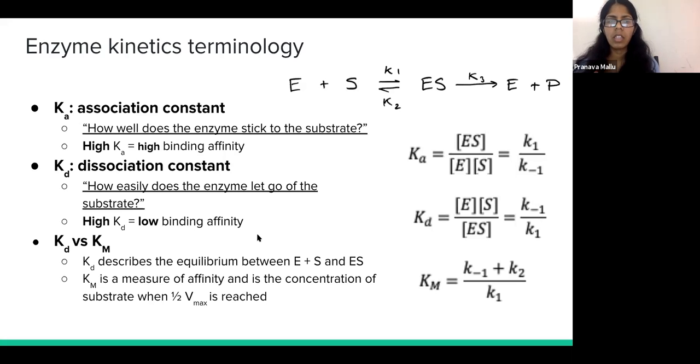So while it's a measure of affinity, its actual literal meaning is a little bit different from Kd. Kd is a rate constant from the reaction going from enzyme substrate back to free enzyme and free substrate, whereas Km is a substrate concentration at a certain point.